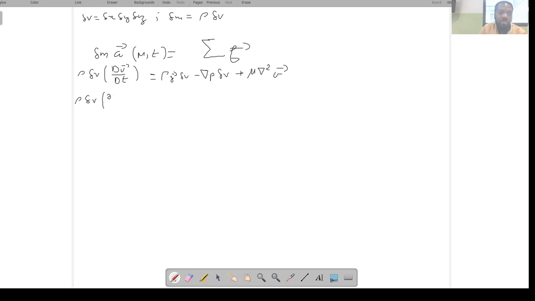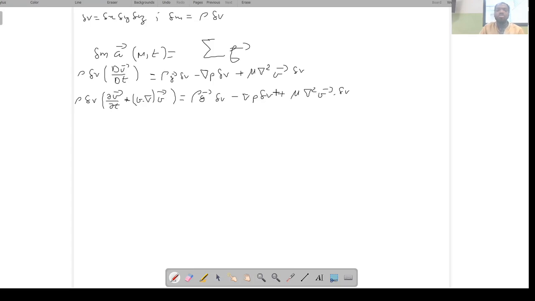Then we get partial V over partial t plus V dot nabla V equals rho times g delta V minus nabla p times delta V plus mu nabla squared V. Yeah, there was delta V here, delta V.